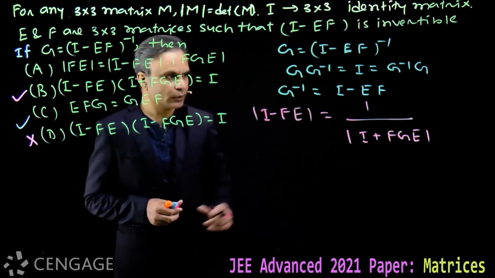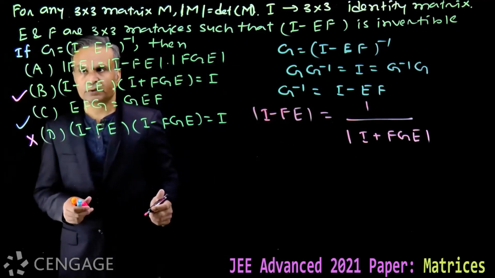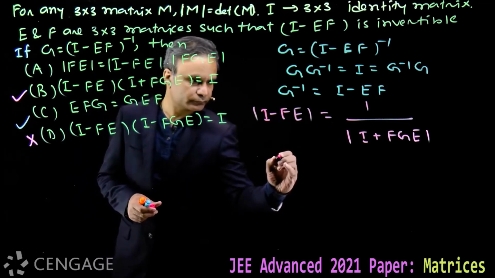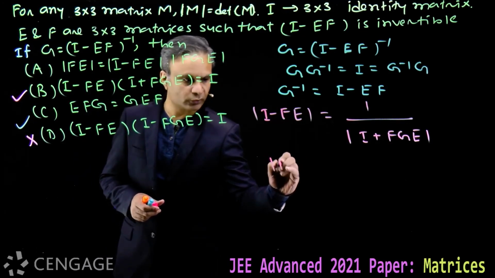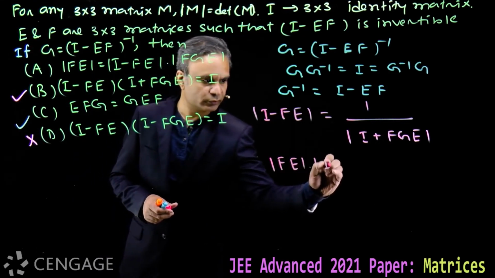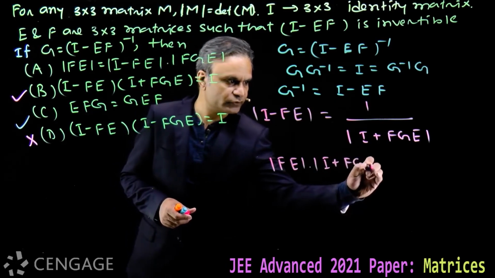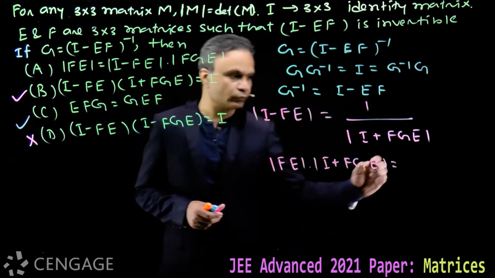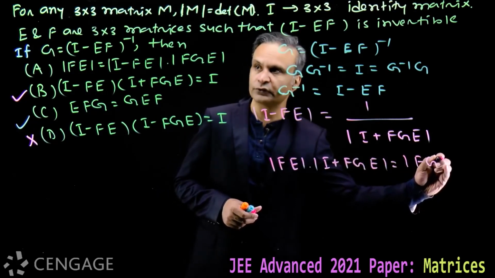Okay, putting this value here, option A changes to modulus of FE into modulus of (I plus FGE) is equal to modulus of FGE.